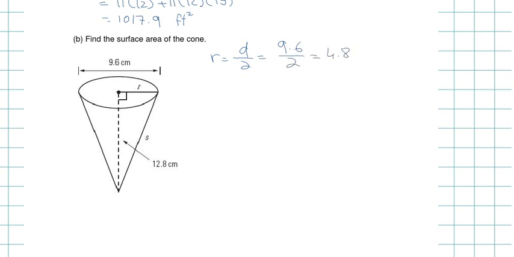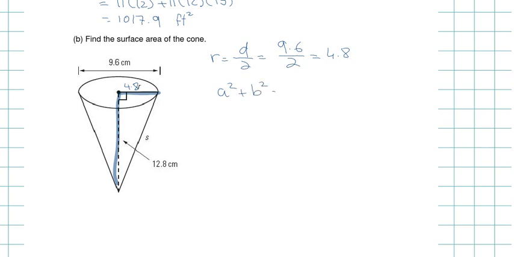Do I know my slant height? What's my slant height? I think that's pointing at the actual height of the cone. Okay? So this is the actual height of the cone, 12.8. And now we know your radius, which is 4.8. Can you find your slant height? Yes. So again, using Pythagorean theorem, a squared plus b squared equals c squared, right?